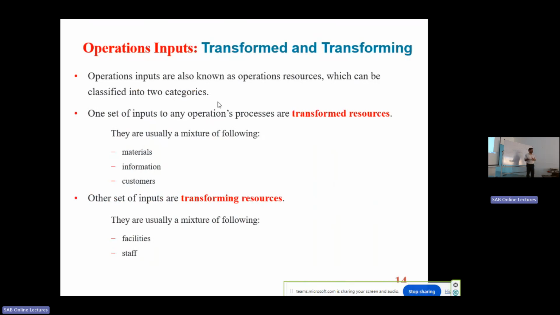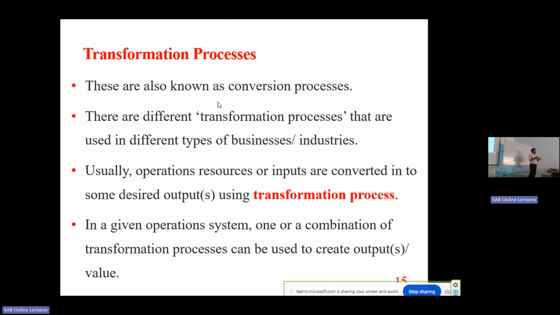Shall we quickly move to the second component? That is called the transformation process, which makes the difference. Transformation, also known as conversion. It is through this that we convert inputs into outputs. In other words, this is how we add value, create value in operations.